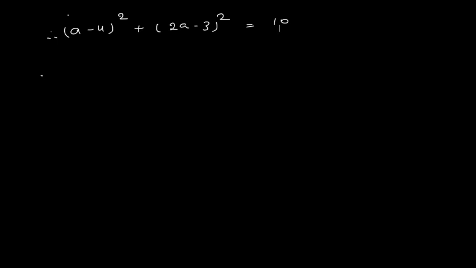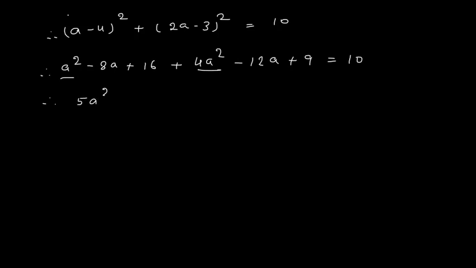Now we open the brackets: a square minus 8a plus 16, plus 4a square minus 12a plus 9, equals 10. So 4a square plus a square becomes 5a square, minus 8a minus 12a becomes minus 20a.